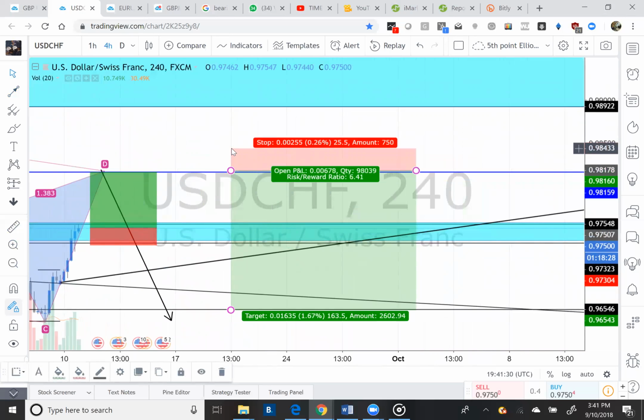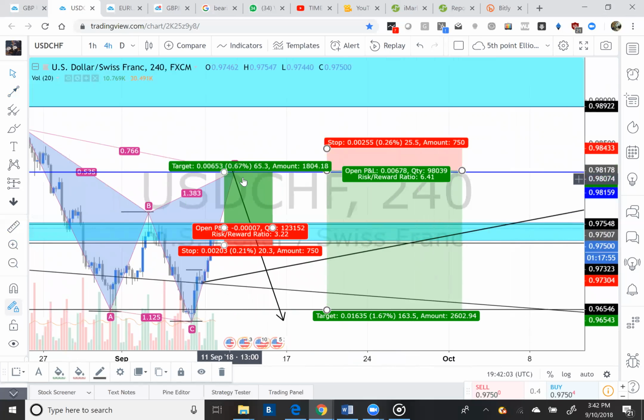See, my risk reward is not necessarily fixed, but my ratio is a minimum. It's a minimum amount when it comes to my decision making. When it comes to setting up a trade, I don't go under a risk reward of 2 to 1. My sweet spot is 3 to 1.